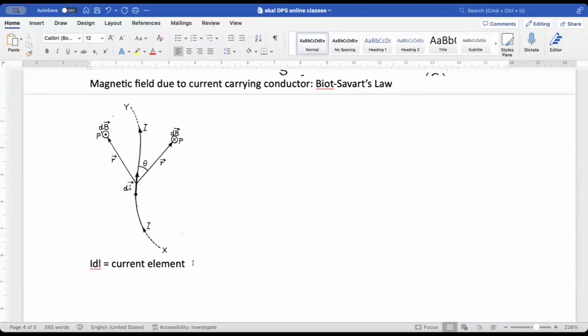Current element, right? Now, let R be the position vector. R is the position vector, or we may say it's the distance.